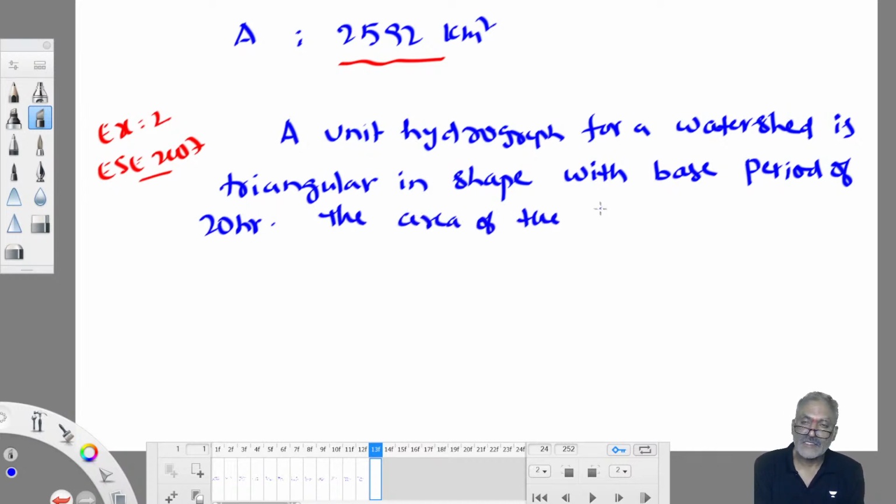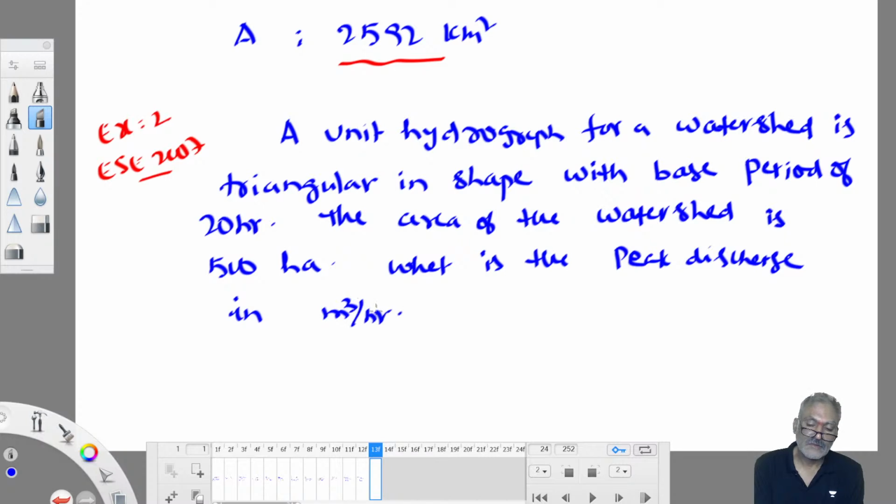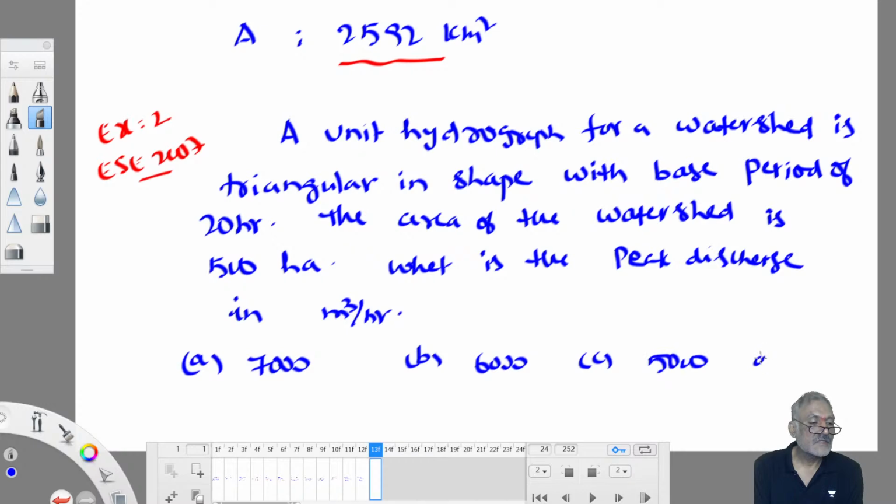The area of the watershed is 500 hectares. What is the peak discharge in meter cube per hour? Options given are 7,000, 6,000, 5,000 and 4,000. Come on, work out all of you.